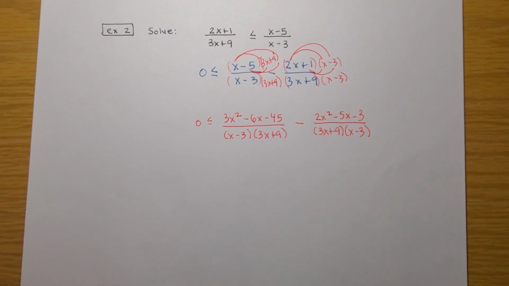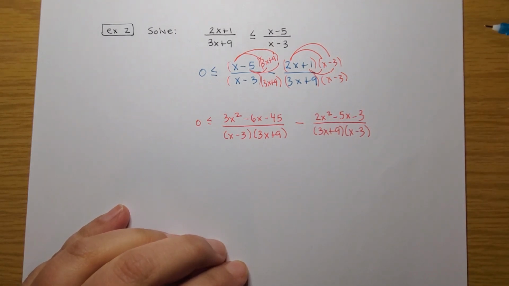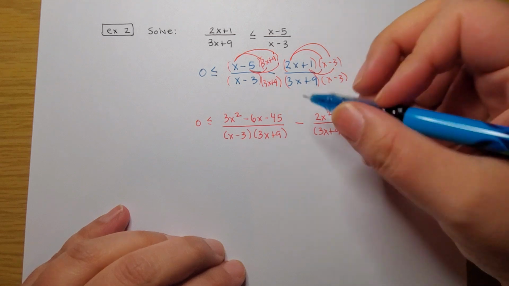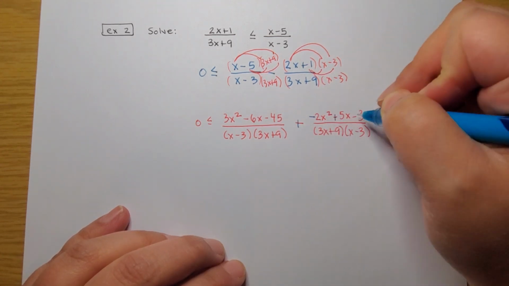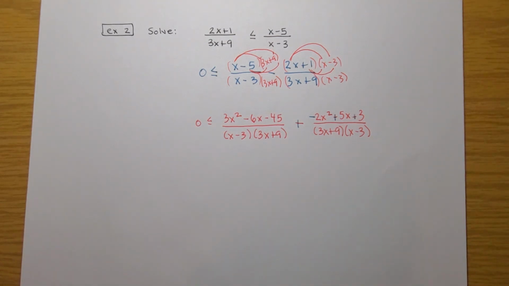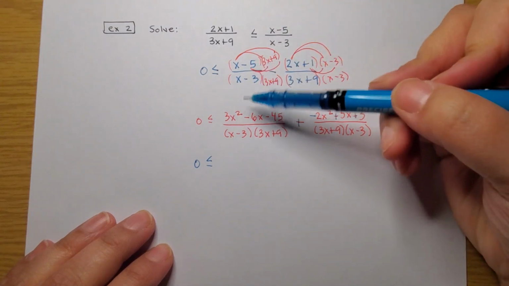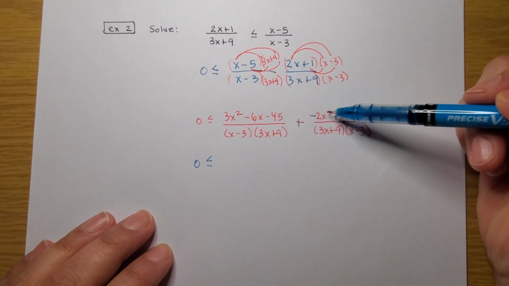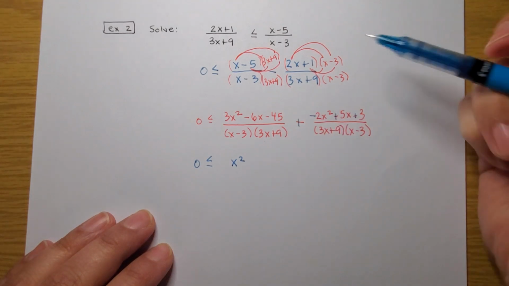Now I'm going to go ahead and subtract the numerators. I'm notorious for making mistakes in subtraction, so a habit I learned is to change subtraction to plus, change the sign of everything over here, and think of it as an addition. So 0 is less than or equal to 3x squared minus 2x squared, which is just x squared.